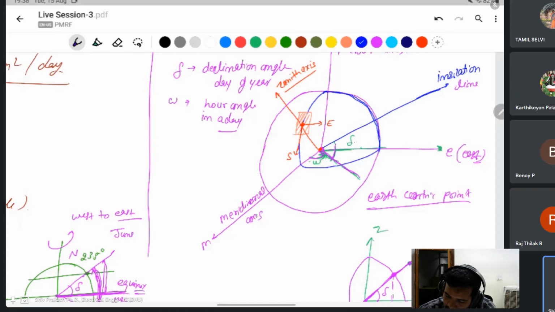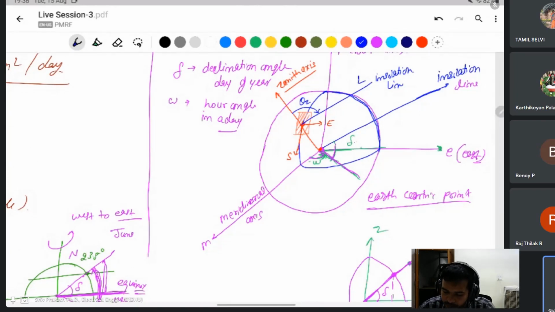If you want the same for the insolation line, the zenith angle will be defined from the zenith axis to the insolation line, theta z. It is defined from the zenith axis to the insolation line, not from the insolation line to the zenith axis.